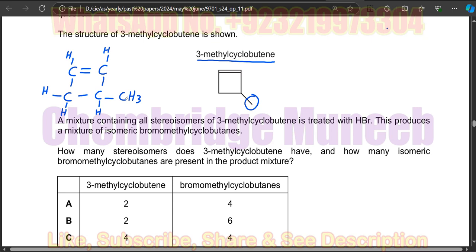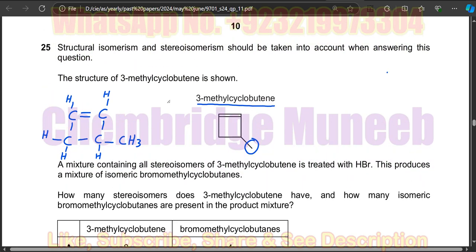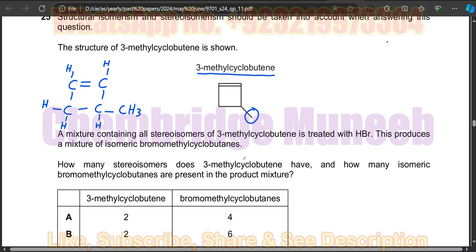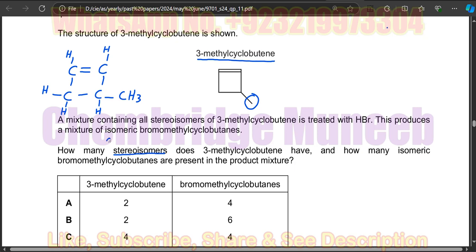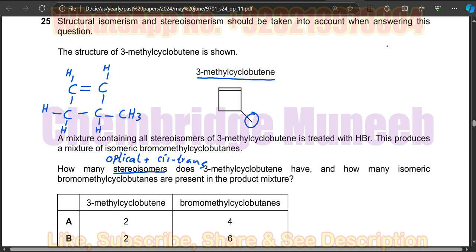We have to check how many stereoisomers are present in this molecule, which means we have to check both optical isomerism and cis-trans isomerism. The cis-trans or geometrical isomerism is not applicable here, because the structure is in cyclic form, a closed structure.